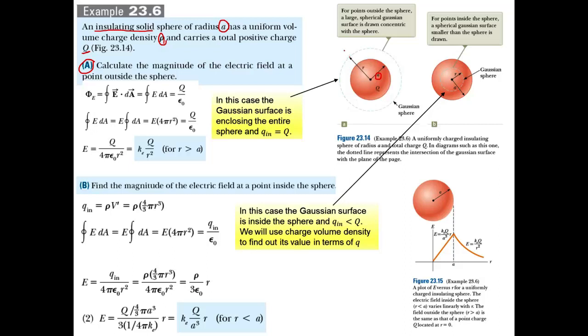So the first thing is somewhere located here. The first thing is we need to write Gauss law. So this is Gauss law. This is Gauss law.